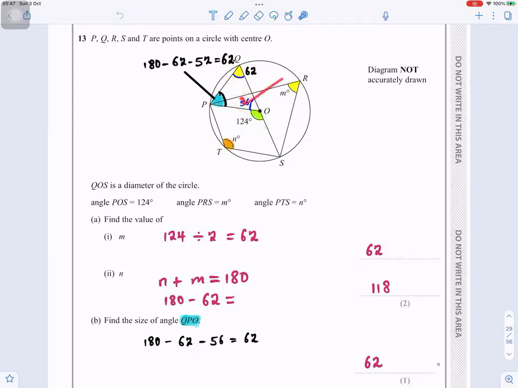So this is 56. This is 62 because this angle and this angle are the same angle in the same segment. So 180 minus 56 minus 62 will give you this one to be 62.